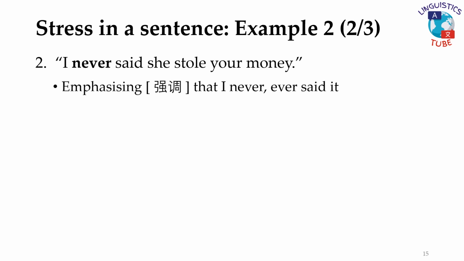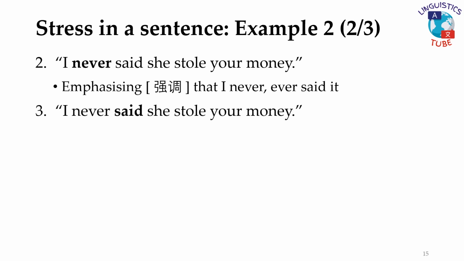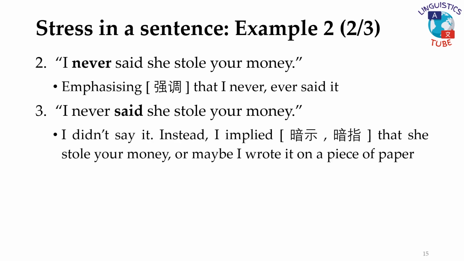This sentence emphasizes that I never, ever said it. I never said she stole your money. The meaning is that I didn't say it. Instead, I implied that she stole your money. Or maybe I wrote it on a piece of paper.